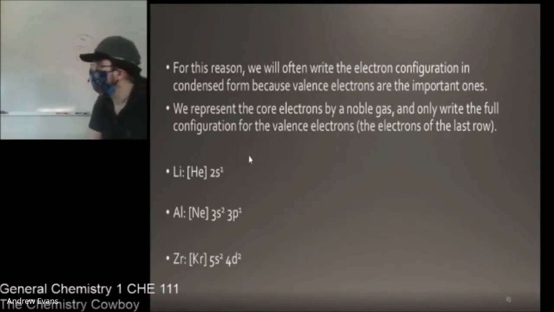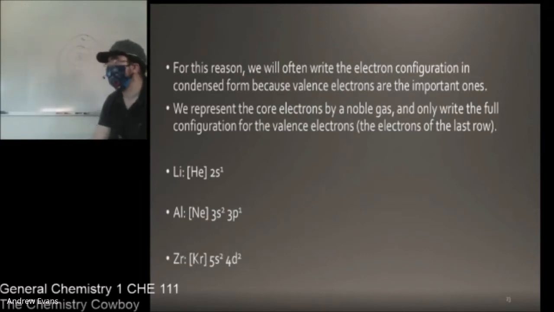So whenever we do an electron configuration, we find where the element we're looking at is located. We go one row up and all the way to the end to get to the noble gas, and we start from there. So lithium.